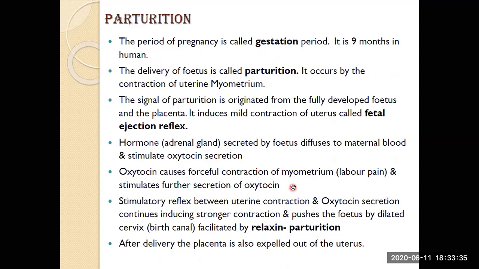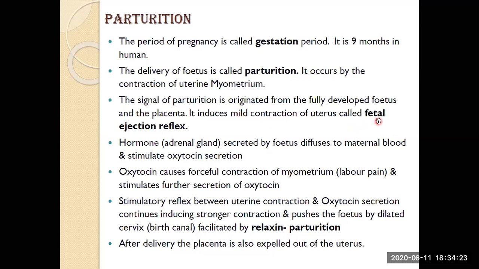This period is called the gestation period, that is the 9-month period, and the delivery of the fetus is called parturition. Technically this process is called parturition, and it is controlled by the neuroendocrine system. The parturition process is induced by a complex neuroendocrine mechanism, meaning the nervous system also participates, as well as the system of hormones. The endocrine system plays a very important role, and the fully developed fetus sends signals, and the placenta also sends signals, that cause mild contractions of the uterus.